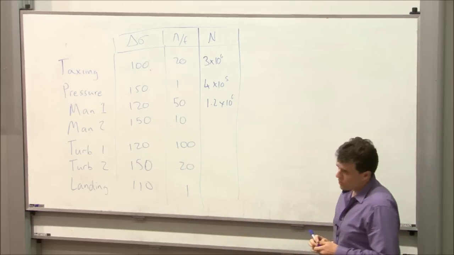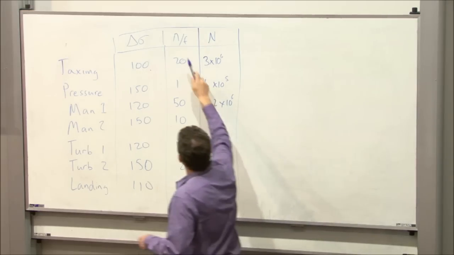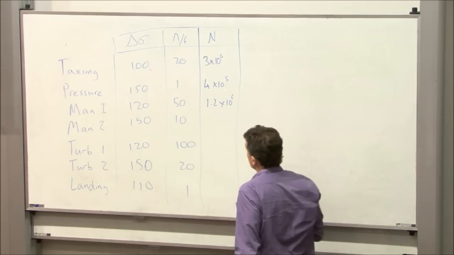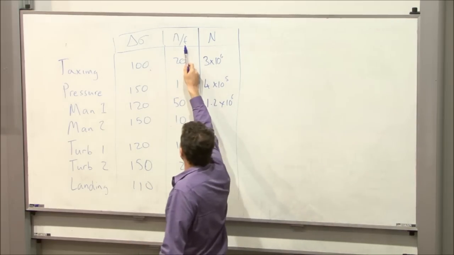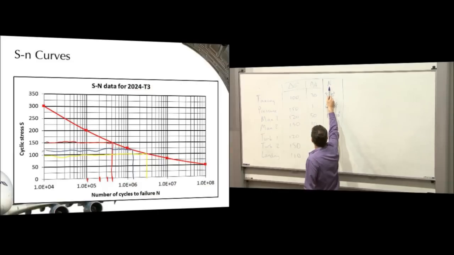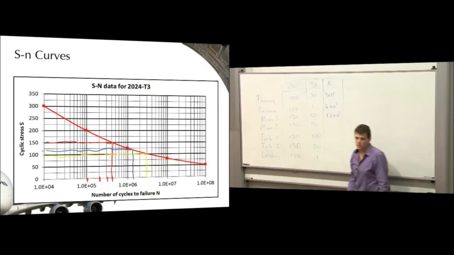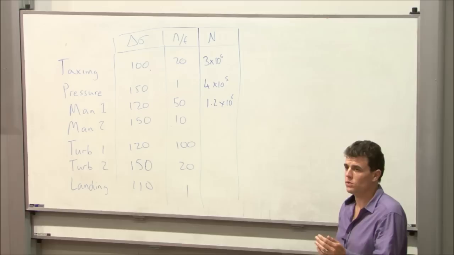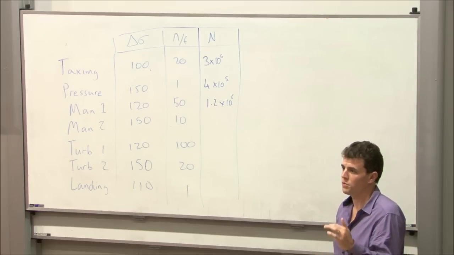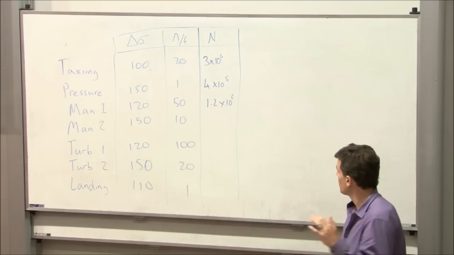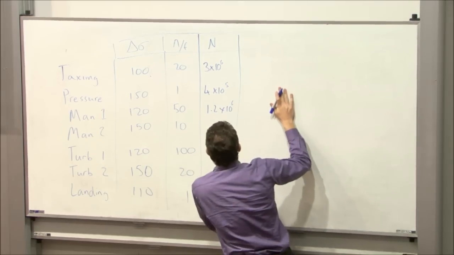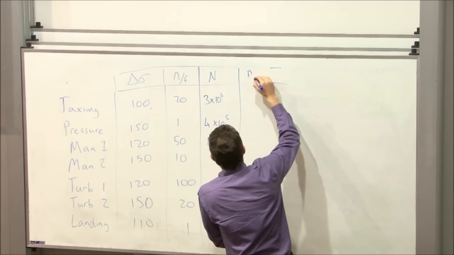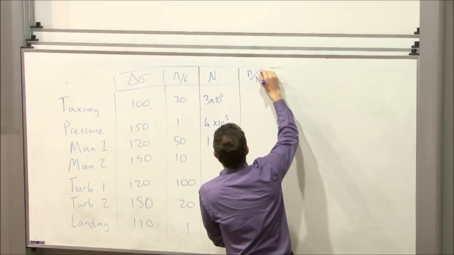Now, what I've got here is number of cycles. I'm going to denote F by, F means flight, so number of cycles per flight. And the number of cycles to failure is capital N. Now, what I need to know is the number of cycles divided by the number of cycles to failure. So I need another column here, which is number of cycles over the critical number of cycles.